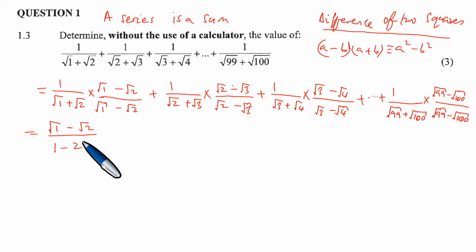So we continue. Plus, this is the square root of 2 minus the square root of 3. So this and that becomes the square root of 2 times the square root of 2 is 2. The square root of 3 times the square root of 3 is 3. Positive times negative is negative.